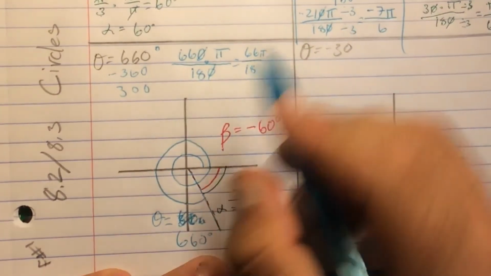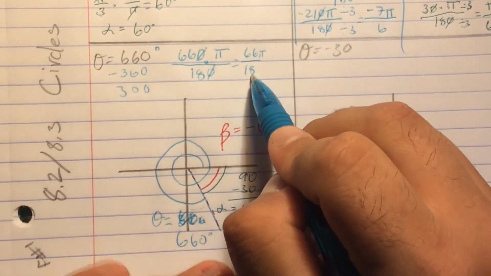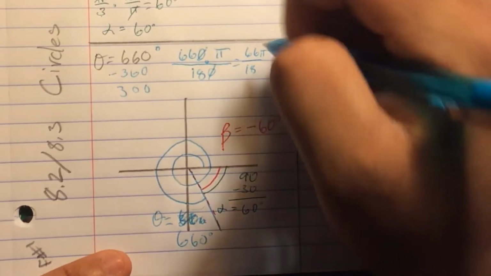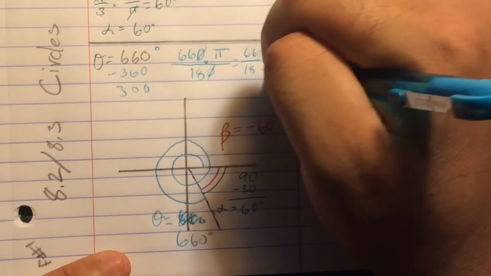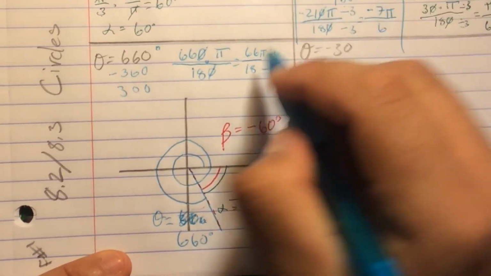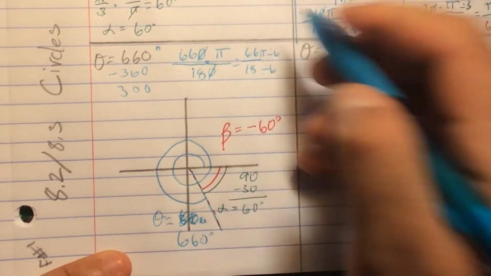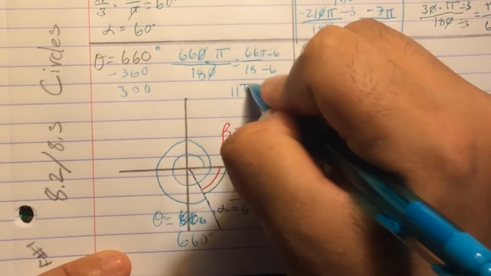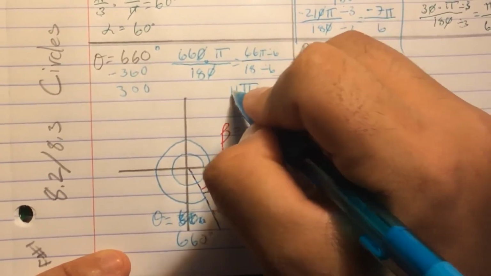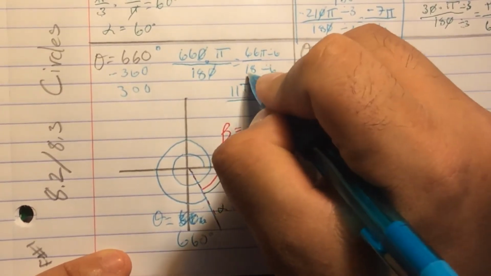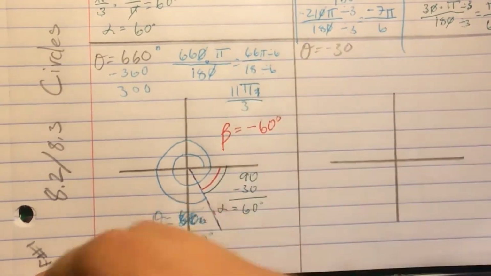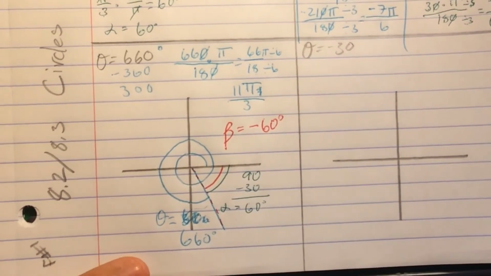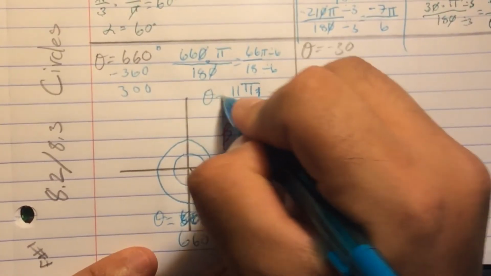I know that 66 and 18 are both divisible by 6, so I'm going to divide by 6 and divide by 6. 66 divided by 6 gives me 11, times pi over 18 divided by 6, which is 3. So it's going to be our radians for theta.